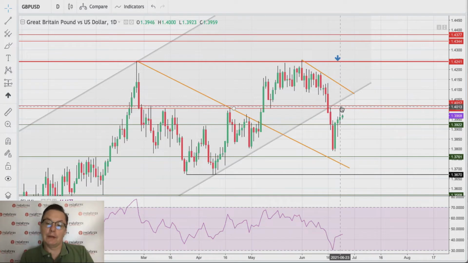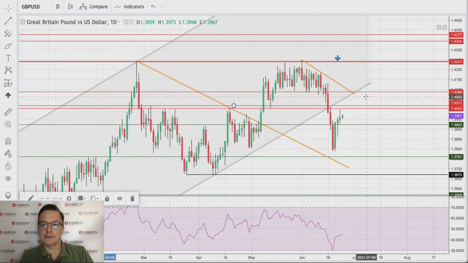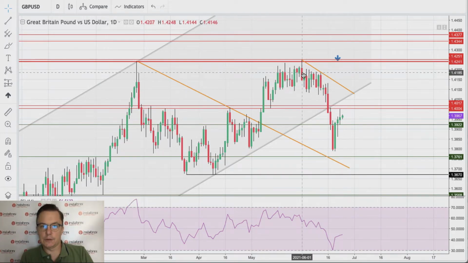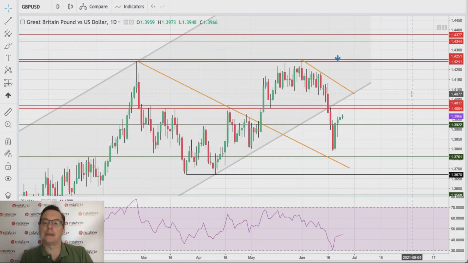So anyway, everything is all about the 1.4 level for the British pound right now, despite the fact that recently we had a breakout a little bit higher above the recent swing high, because the high was made here at about 1.4248, a little bit higher, but nevertheless this is still the key technical resistance zone.